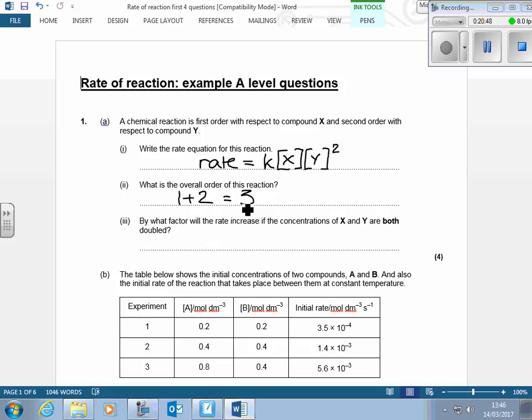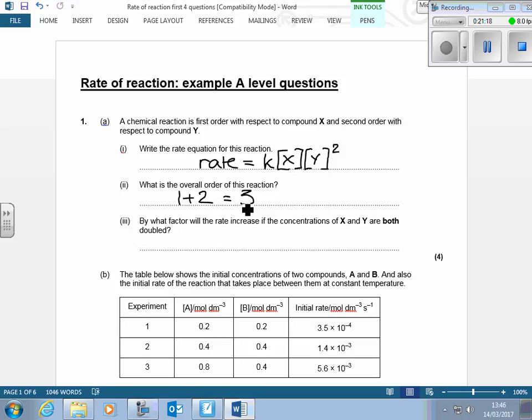No, they don't. If you double X but leave Y alone, what will happen to the rate?